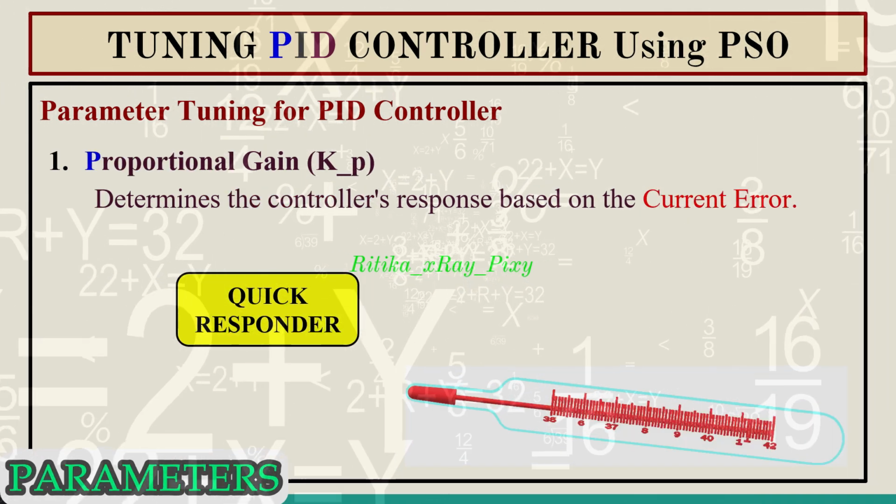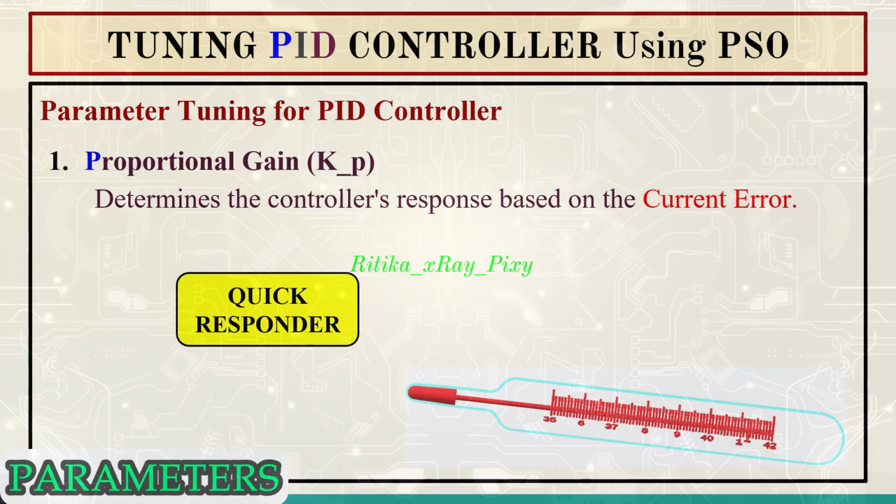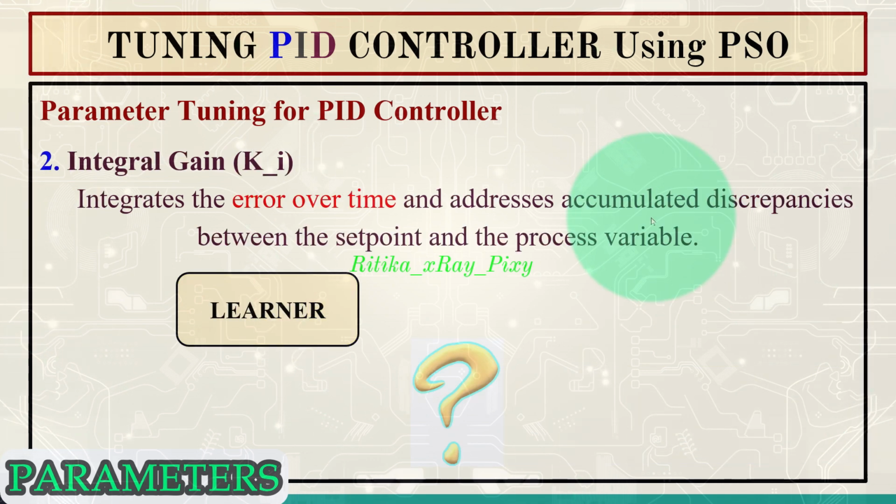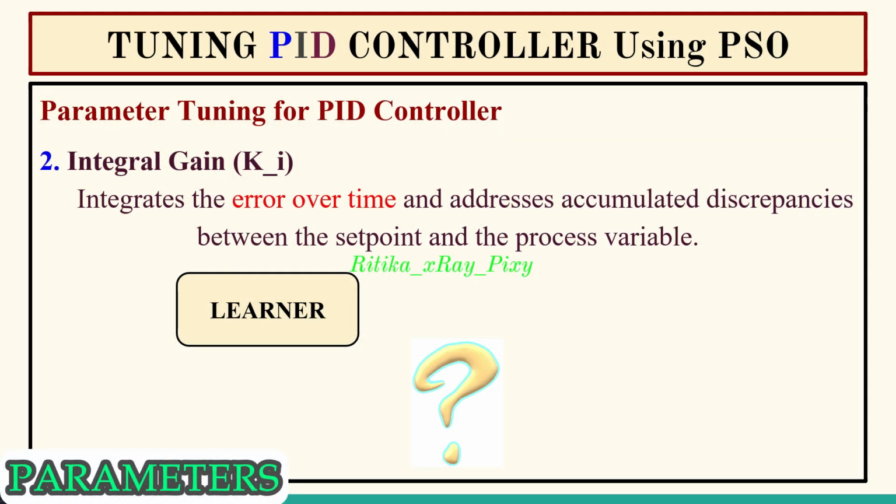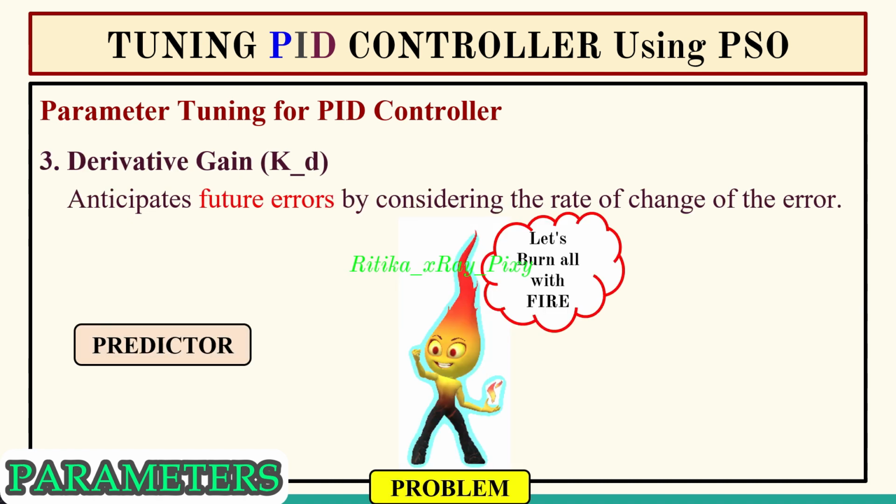So in a PID controller we have three parameters: proportional gain, the quick responder, which checks the current errors. Next we have integral gain, the quick learner, which is the sum of previous errors. The last one is derivative gain, the quick predictor, which works on future error, that is the rate of change of errors.